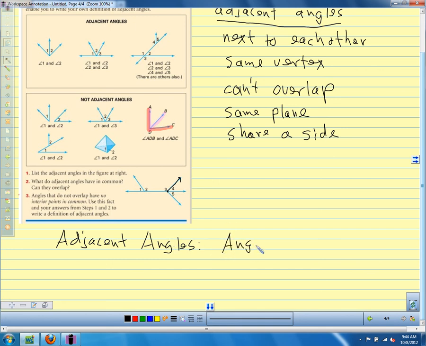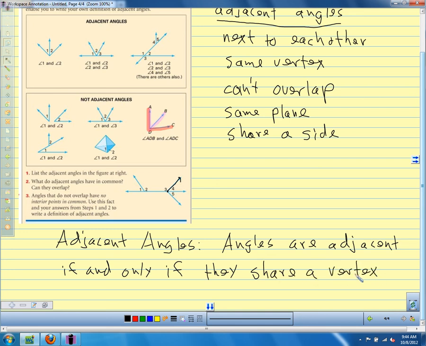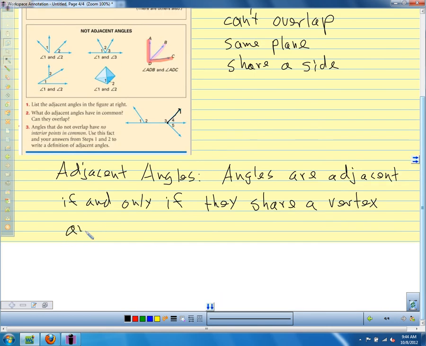We're going to say angles are adjacent if and only if they share a vertex and one side, they don't overlap, and, as we could also say, they are in the same plane.